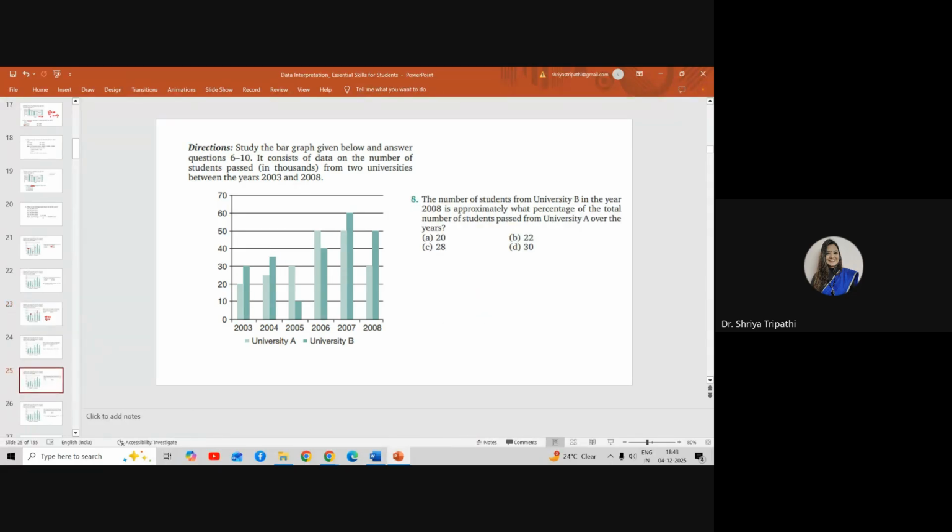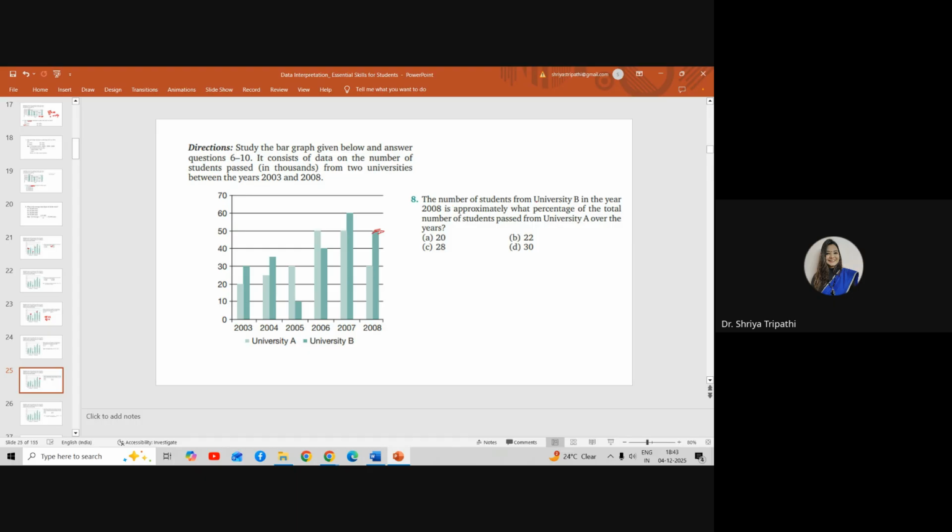Okay. The number of students from University B in the year 2008, University B, the darker one, in 2008 is approximately what percentage of the total number of students passed from University A over the years?